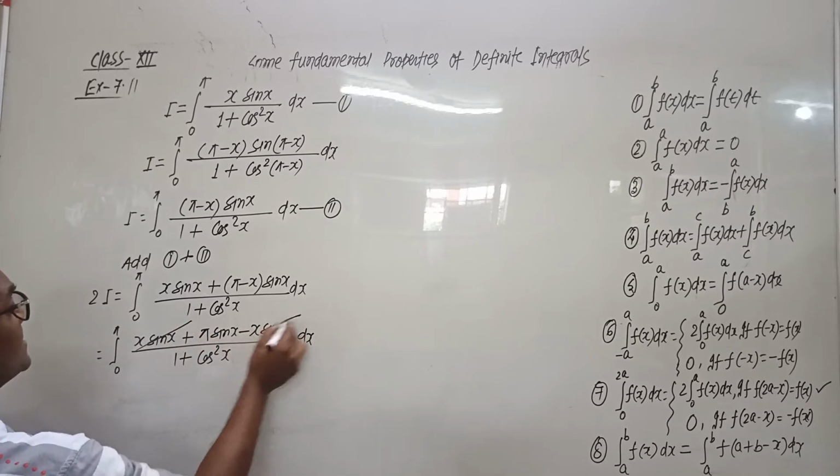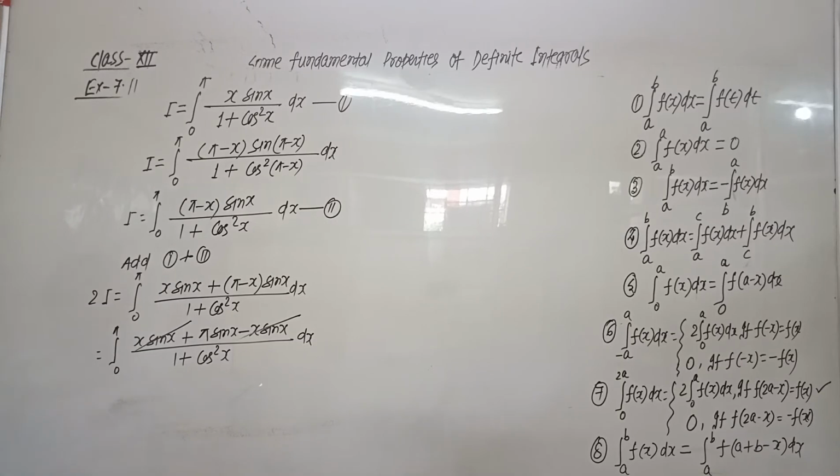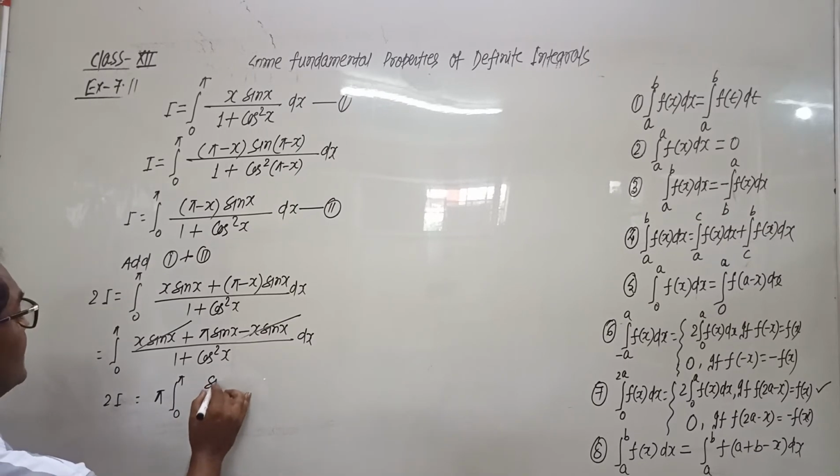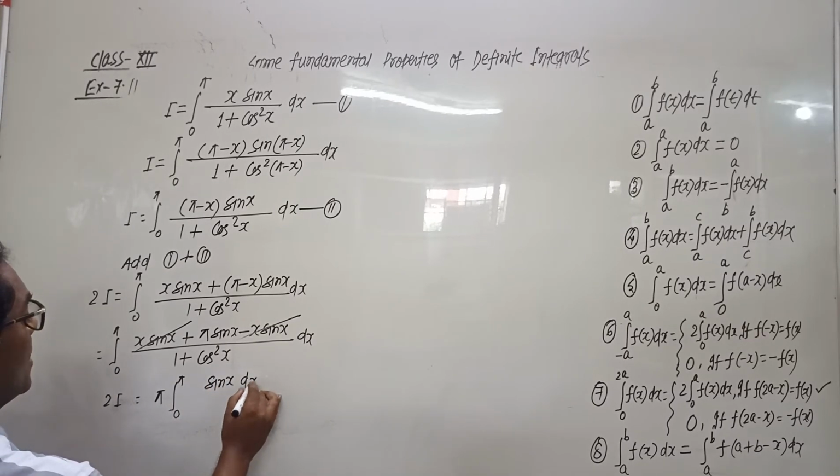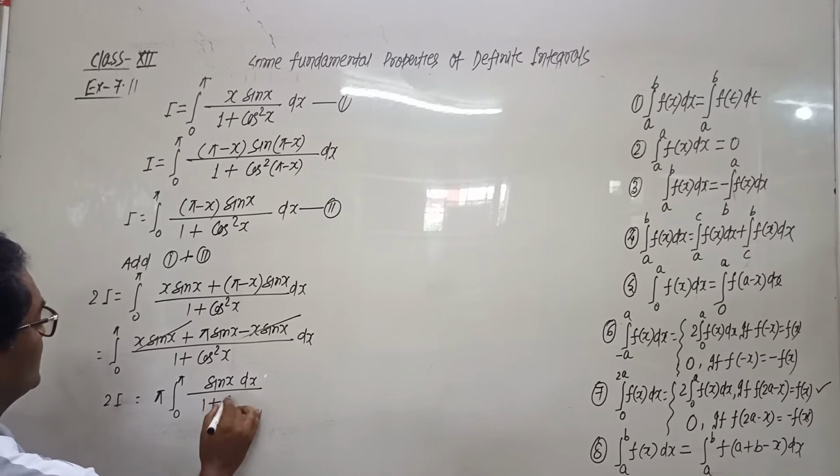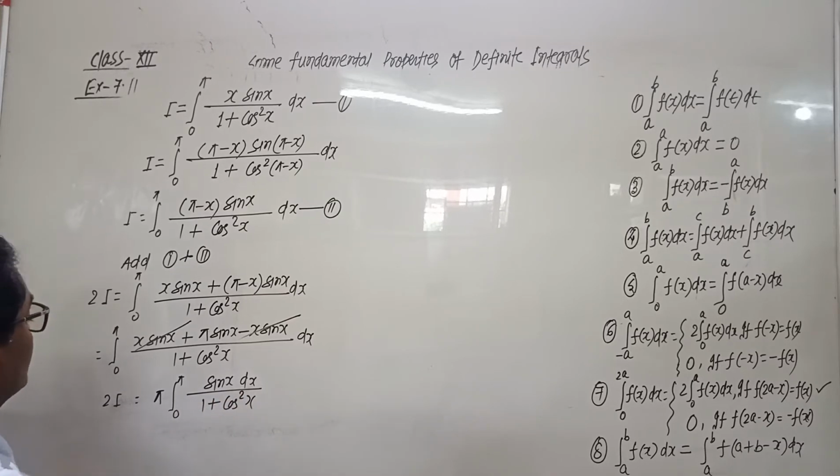So x sin x gets cancelled, and pi is a constant term written outside. So 2I equals pi times integration 0 to pi of sin x dx upon 1 plus cos square x.